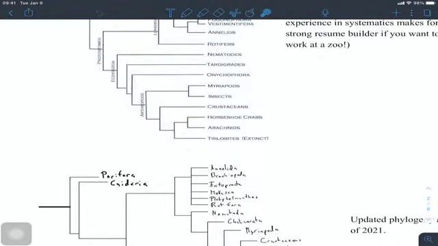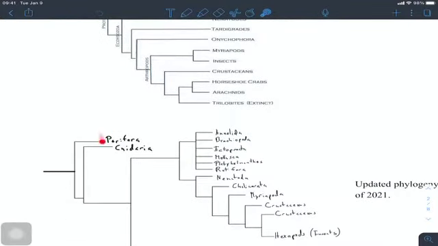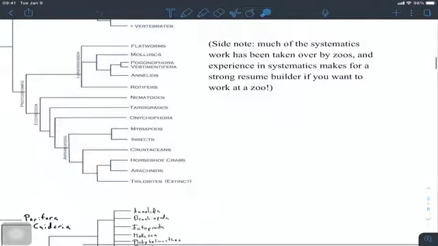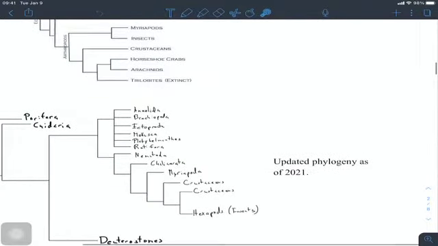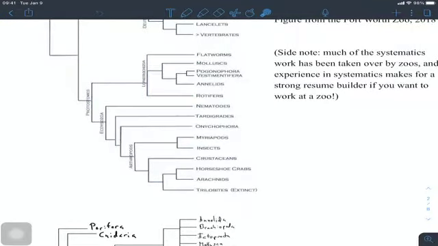You have a massive polytomy. So that relationship doesn't differ, nor does it differ when we're looking at poriferans and cnidarians. What really changes between 2018 and 2021 is the relationships within the ecdysozoans, and in particular, these arthropods.